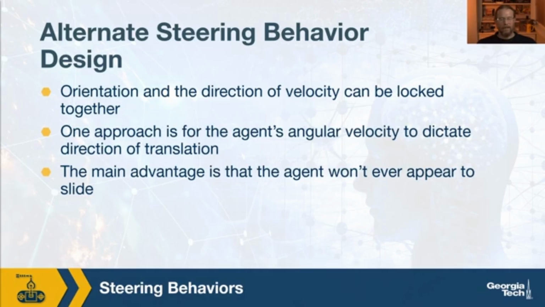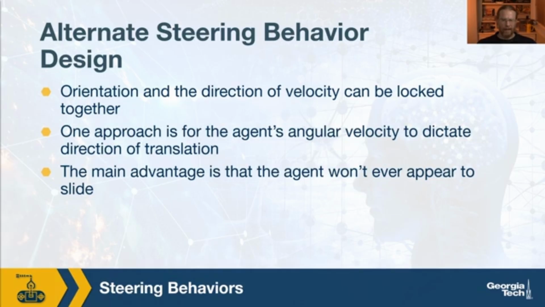But if you do that, you can get some interesting results if you have the agent's angular velocity and the resulting orientation you get from applying that velocity. That's going to dictate the direction of translation. So when the agent orients in a particular direction, the only direction the agent can go is forward in that facing orientation. So I'd say the main advantage of that approach is that the agent will never appear to be sliding across the ground.